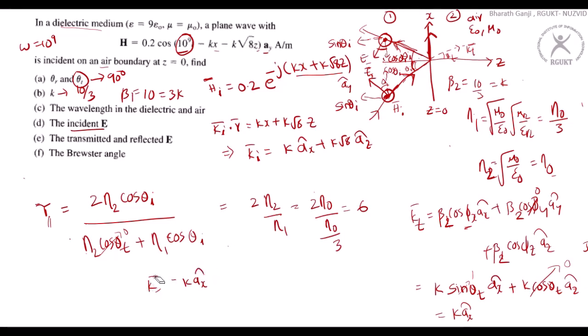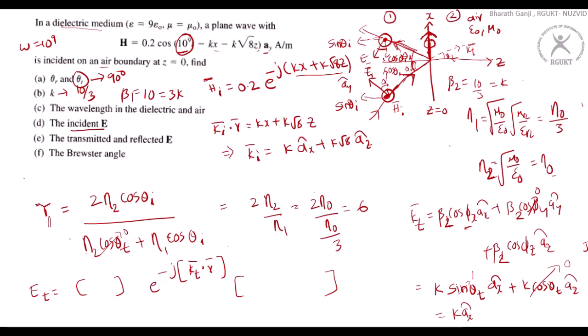Okay, so if that is the scenario, how do I write the transmitted electric field? It is nothing but something into e to the power minus j kt bar dot r bar, with the direction of the magnetic field. Because I know that the magnetic field is pointing in the y direction like this, in order to have a wave traveling in the x direction, what direction can the electric field have?